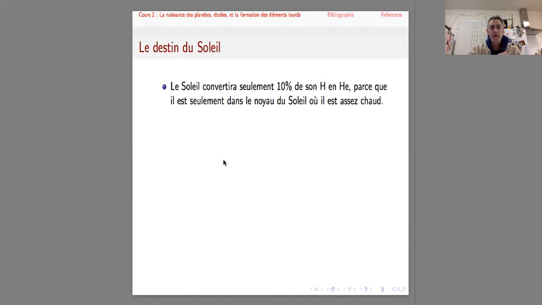We're currently on the main sequence, where it's been around for a little over 4.5 billion years, converting hydrogen into helium through the proton-proton chain, some of the details of which we looked at.